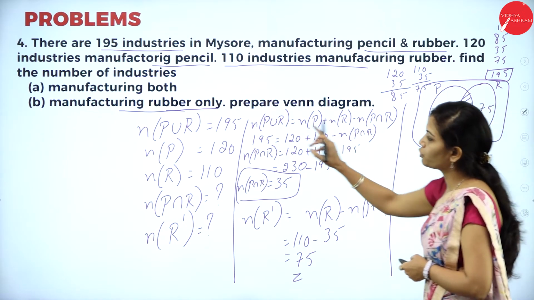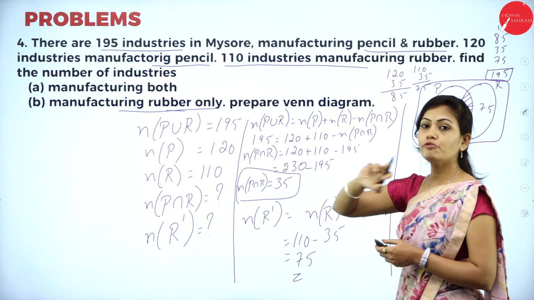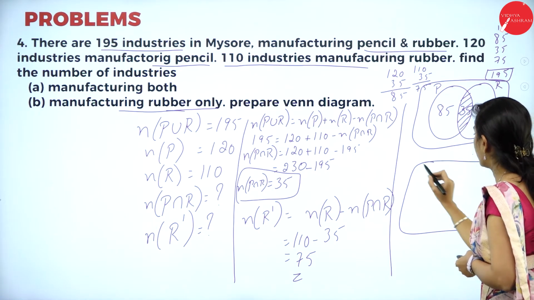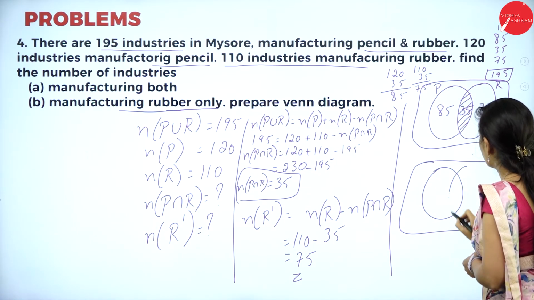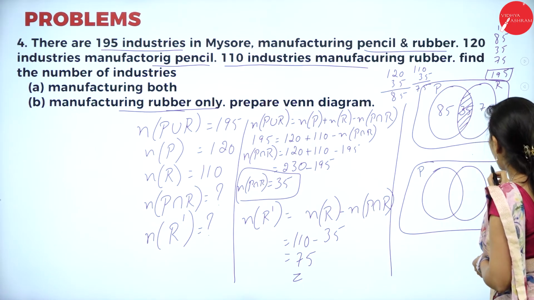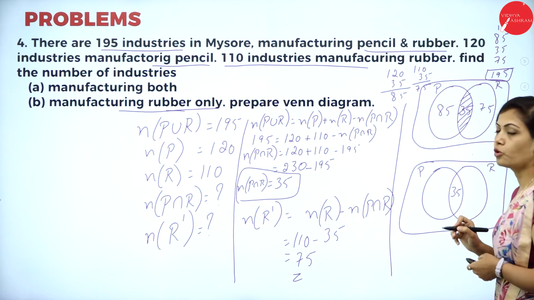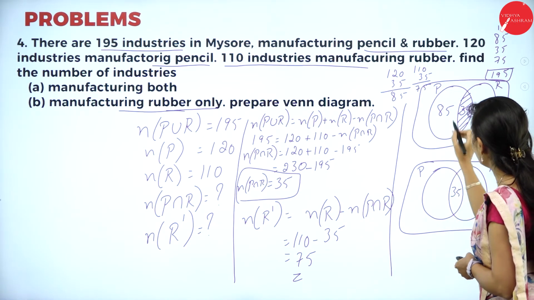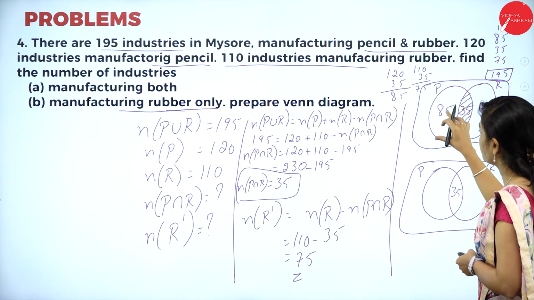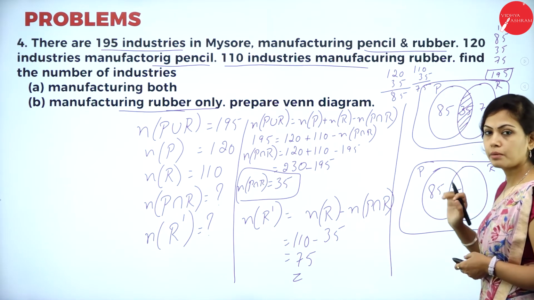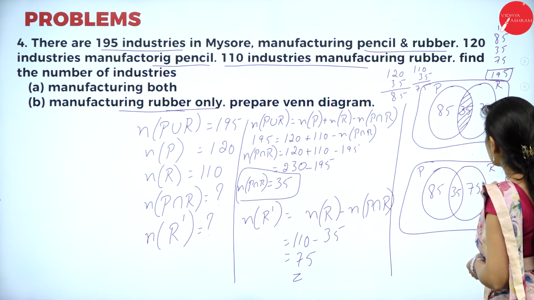So also you have to find the Venn diagram for manufacturing rubber only. So again you will get the same diagram, pencil and rubber. So here manufacturing both pencil and rubber is again 35. And how many industries can manufacture only pencil? 85. And how many can manufacture only rubber? That is 75.